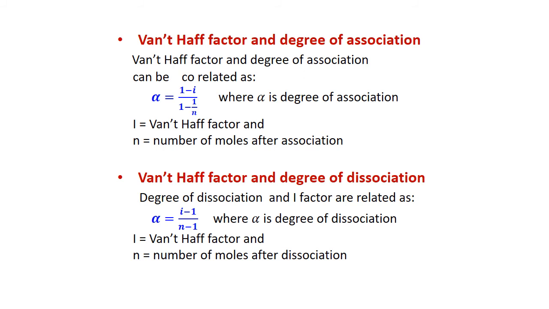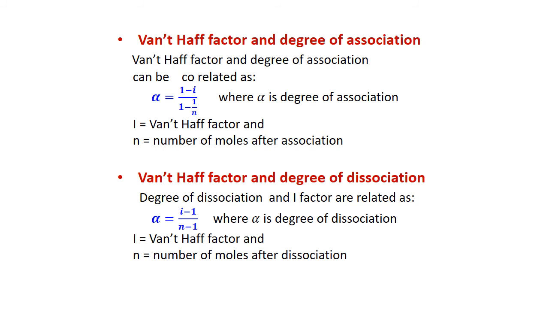Alpha is the degree of association, and i is the Van't Hoff factor, n is the number of molecules or moles after association.